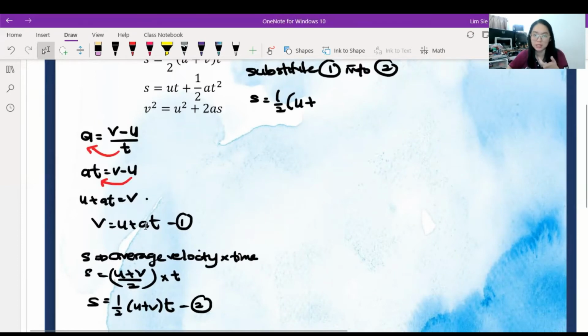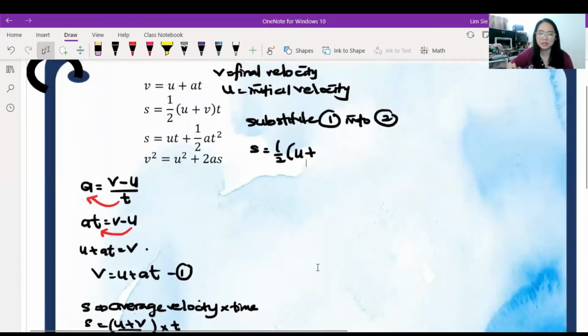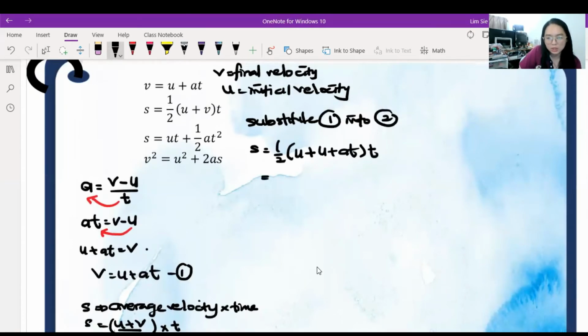So I put U plus AT into my V, multiplied with T. Then I get 1 over 2 (2U plus AT) multiplied with T. Then I expand the T first, I get 2UT plus AT squared.